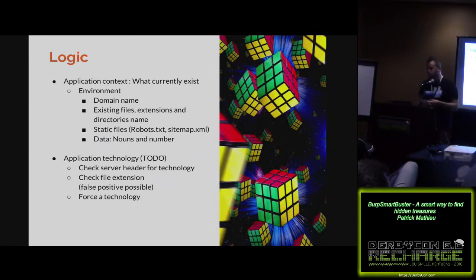One of the to-dos which is really interesting, but needs to be added to the tool, is the application technology. So add a check of what the website is. Is it running on Apache? Is it SharePoint? Is it PHP, JSP, whatever? Based on this technology, I would have a specific JSON file doing checks for this specific technology, which will be really interesting.